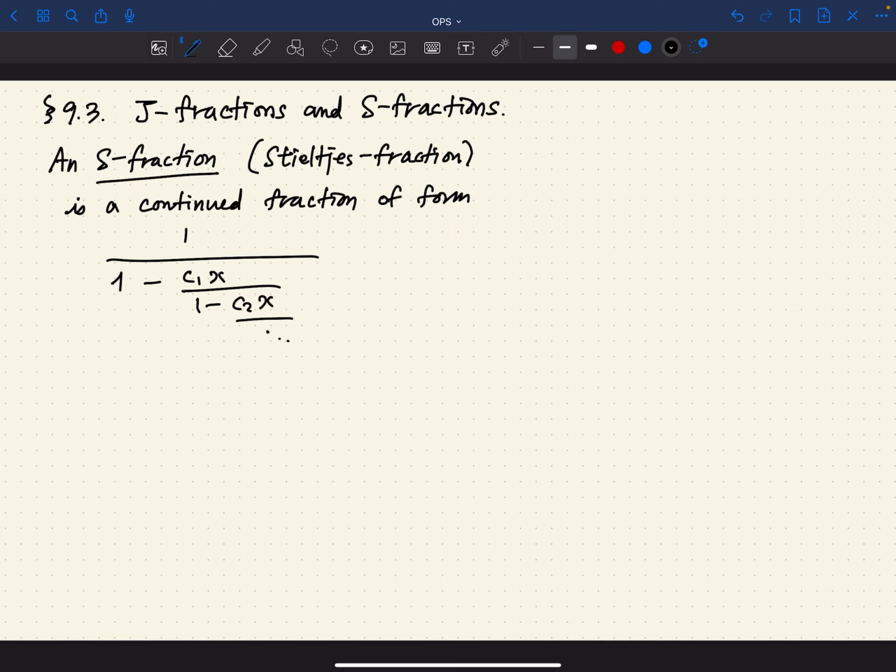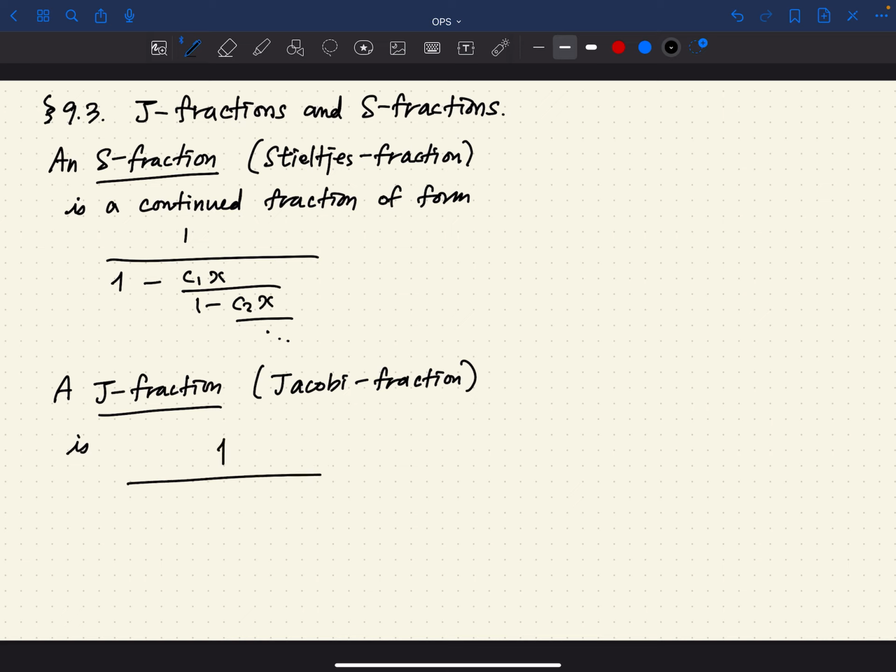Okay, and a J fraction, or a Jacobi fraction, is a continued fraction of this form, 1 over 1 minus b0x minus lambda 1x squared over 1 minus b1x minus lambda 2x squared over and so on. Okay, and actually we know that this is equal to the moment.